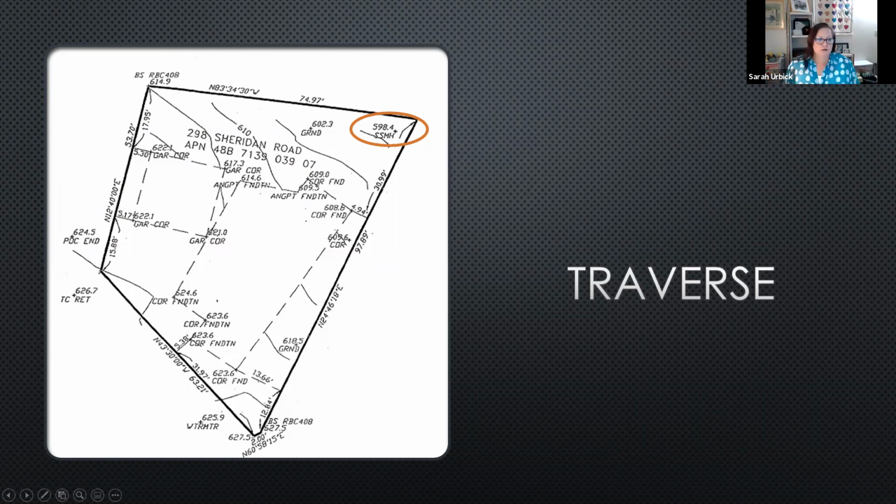Those are called spot elevations, right? We can't go out and run a contour line and stay at that constant elevation. That's what measures our vertical distances, right?